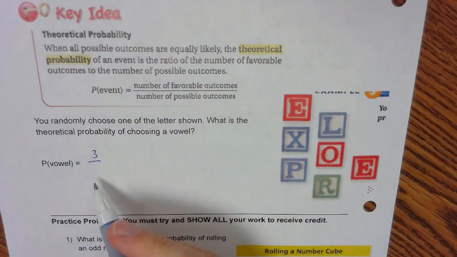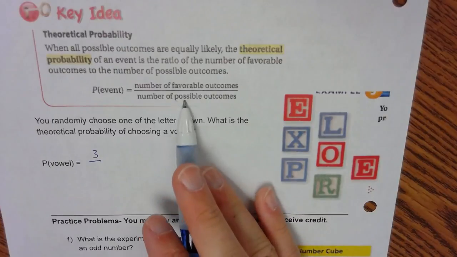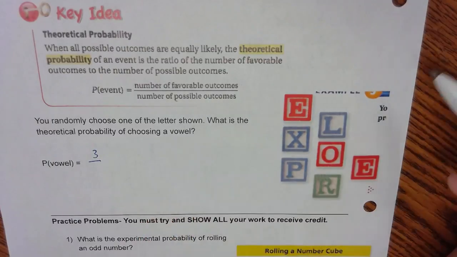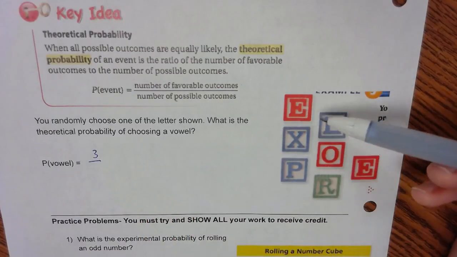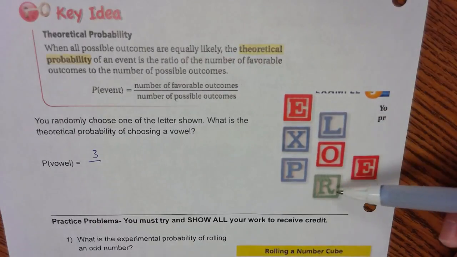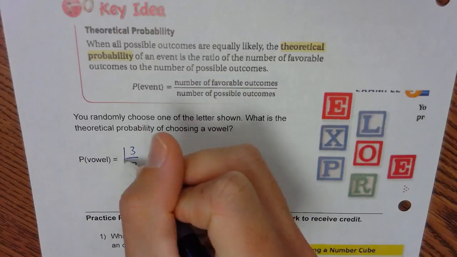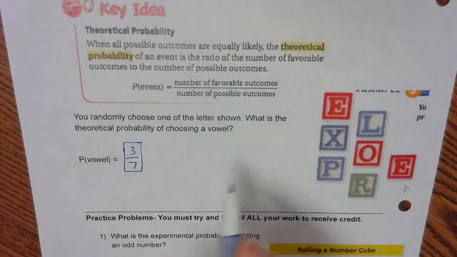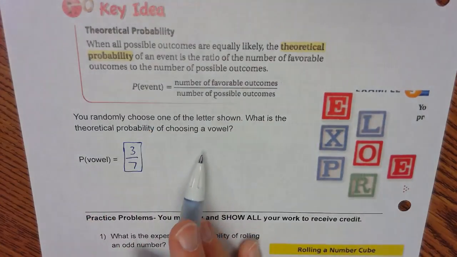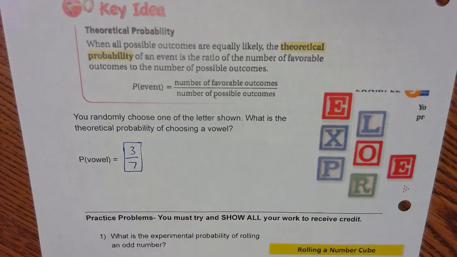I'm going to write a fraction. The number of possible outcomes is my denominator. How many letters are there? 1, 2, 3, 4, 5, 6, 7. So the theoretical probability of choosing a vowel is 3/7, and you are done.